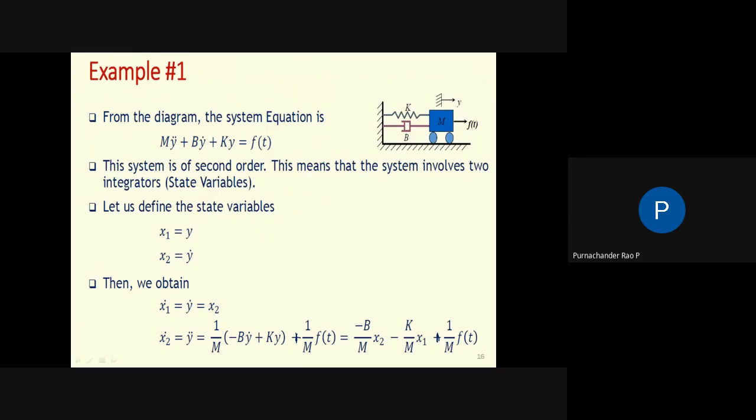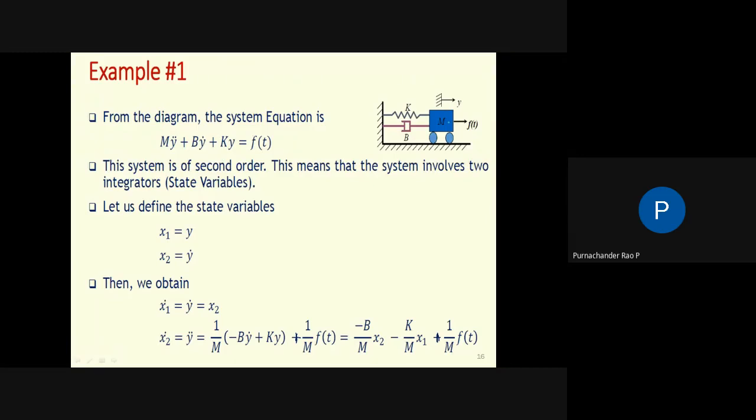Then next, we have to write the state variable equations for a given mechanical system. For this system, when we need to write the state variable analysis, first of all we have to write the system equation.